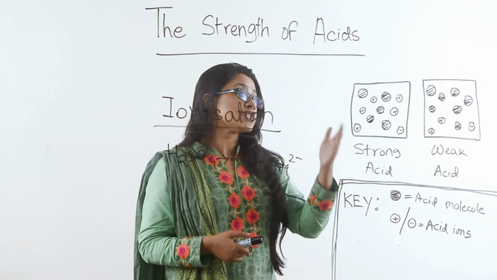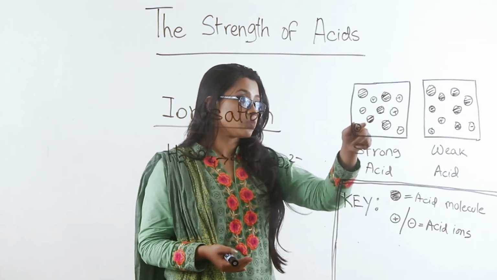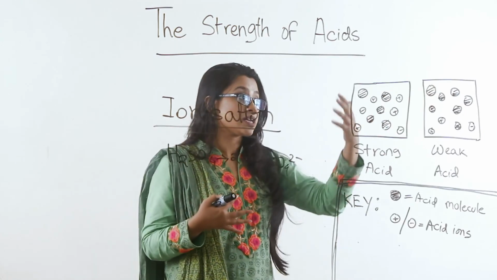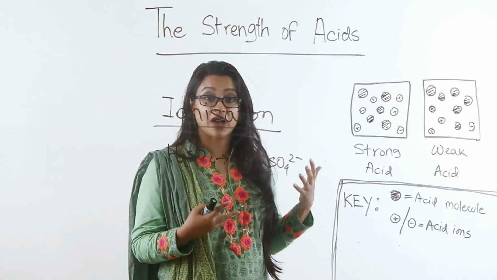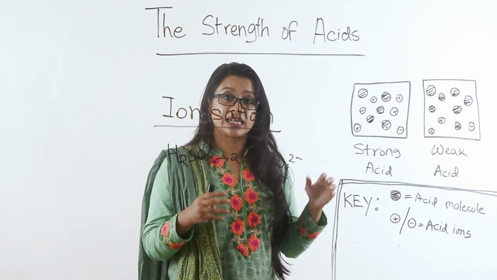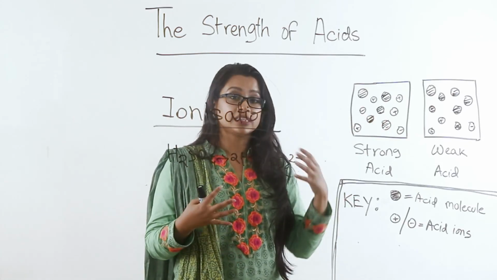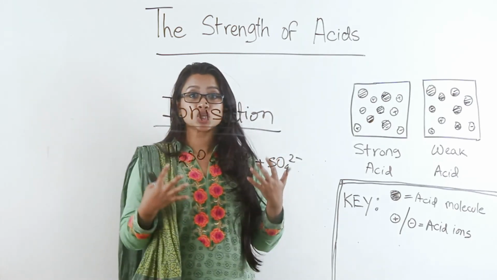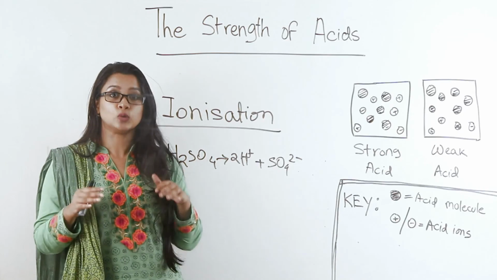So, when a strong acid reacts with water, the acid molecules ionize completely, as in they convert into their respective ions, forming hydrogen and other non-metal negative ions, and therefore this ionization allows them to react much more efficiently than a weak acid molecule would.